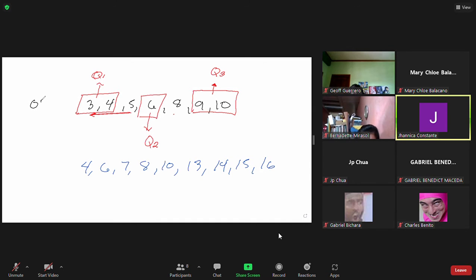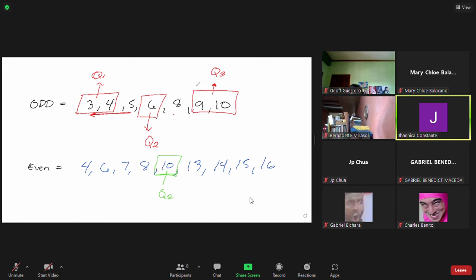This one is odd, this one is even. First, identify the middle number in the set of data. The middle number in the set of data that we have is 10. So 10 is our quartile 2.